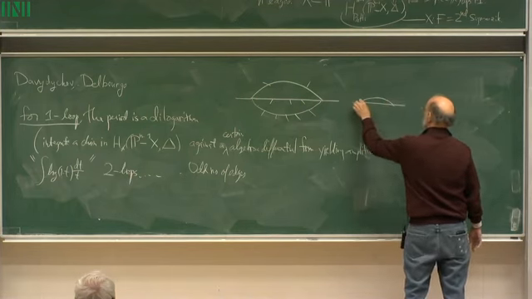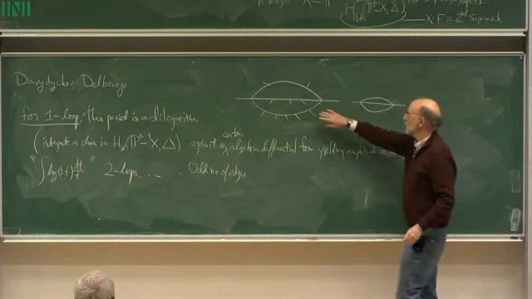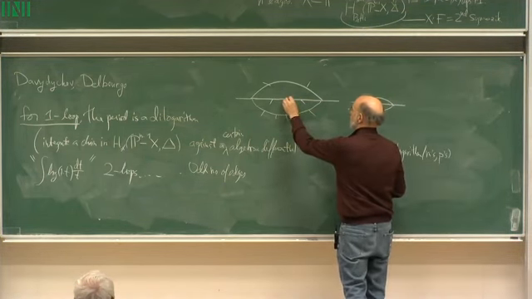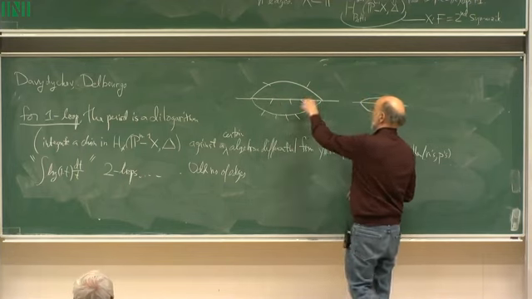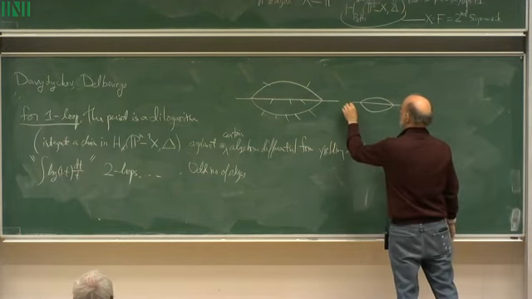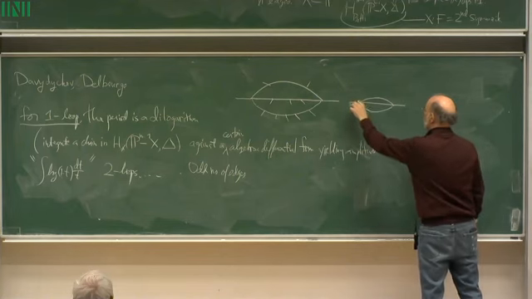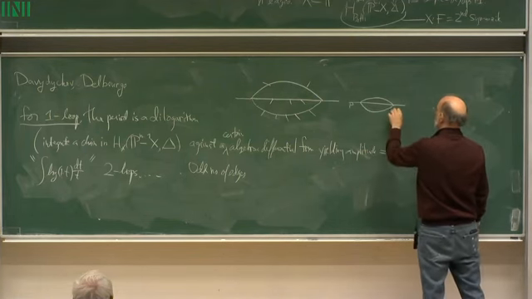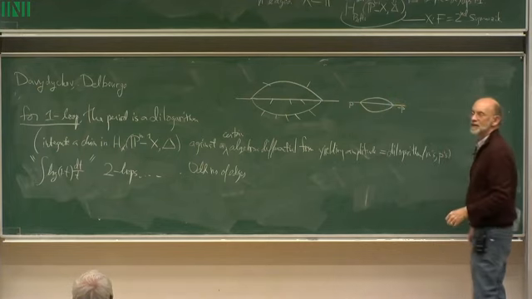First of all, we'll take the simplest one with no subdivisions. These are points, so they're vertices here, so the lines get divided, the edges get divided. So in this case, there's just one momentum, and overall conservation of momentum says that it's flowing through.